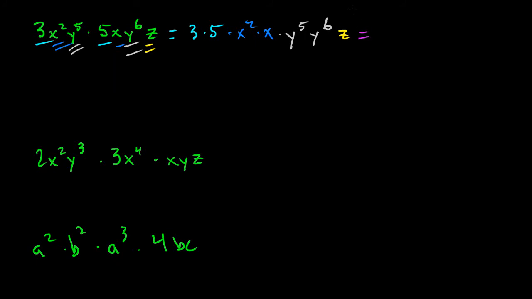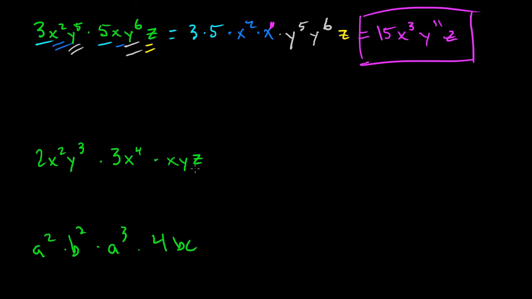Our answer is 3 times 5 is 15. X squared times x, since they're like bases, I can add the exponents. Remember that this is x to the first. So I end up with x to the 2 plus 1, or x to the third. Y to the 5 plus 6, which is 11, and z.